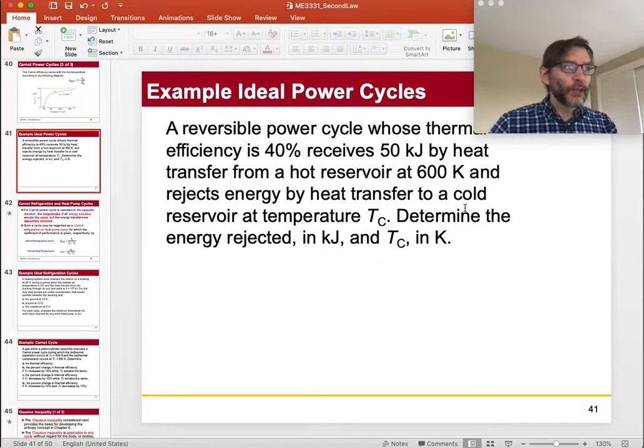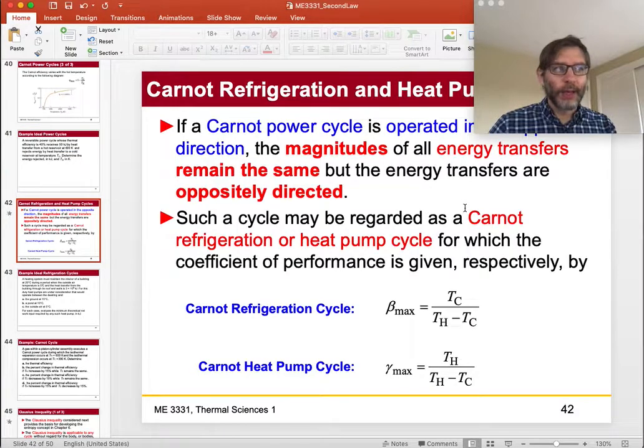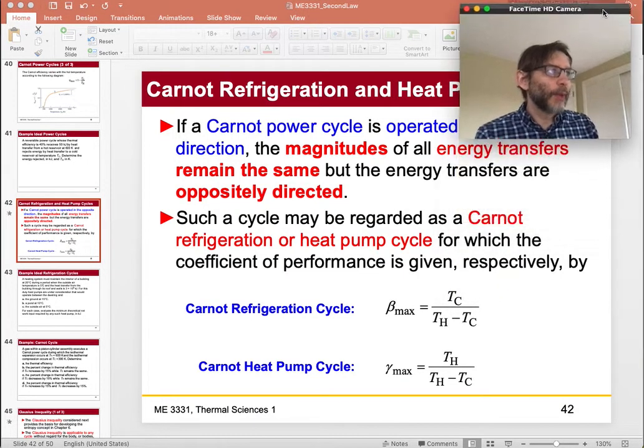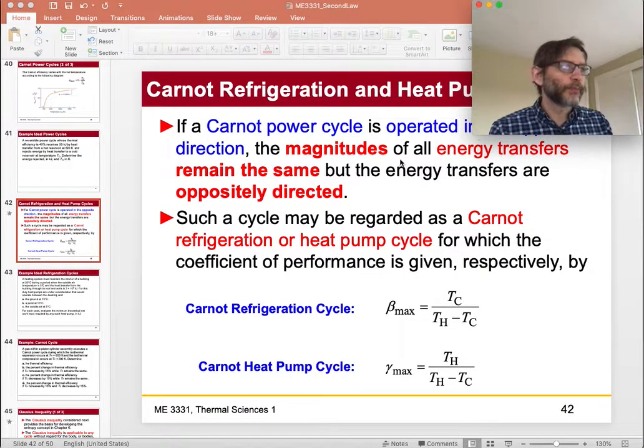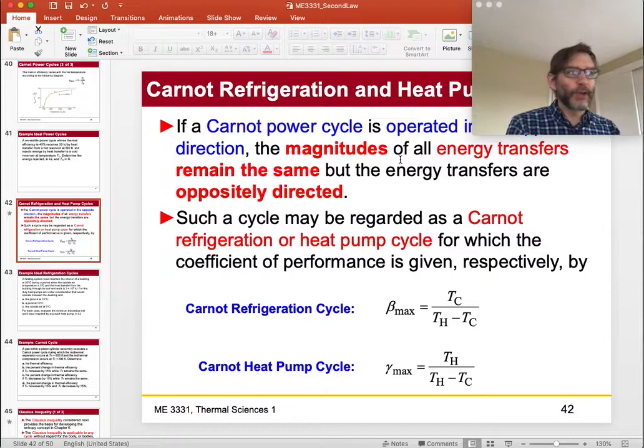Okay, so we did this example Wednesday. Here we are with refrigeration and heat pumps. If a Carnot cycle is operated in the opposite direction, the magnitudes of all the energy transfers remain the same, but the energy transfers are oppositely directed.